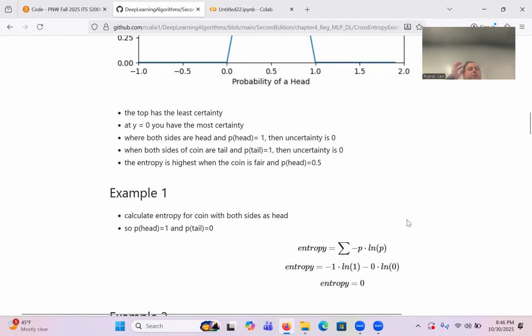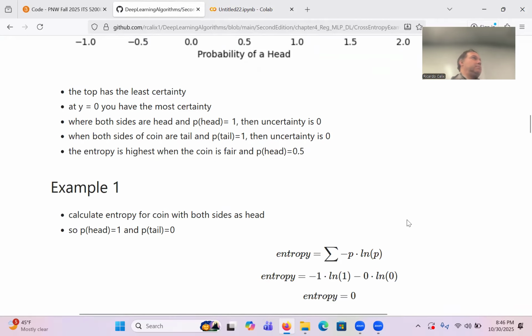So now we can take a look at this. The top has the least certainty, which is the same as saying the highest uncertainty, right? So at y equals 0, you have the most certainty. Where both sides are head and p head equals 1, then the uncertainty is 0. When both sides of the coin are tail and p tail equals 1, the uncertainty is 0.